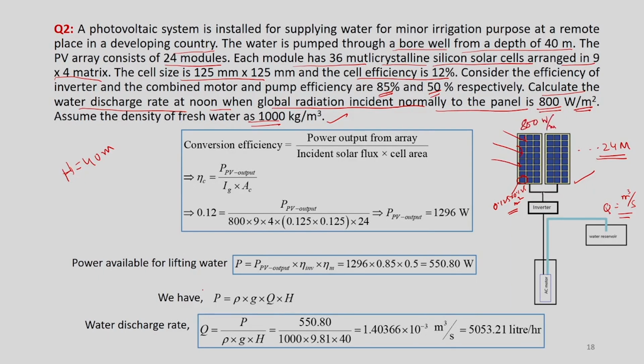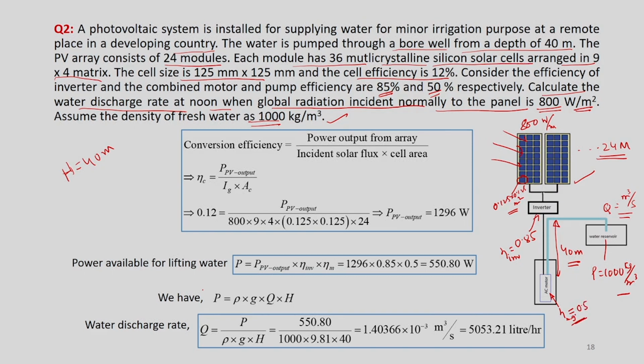Here the density rho is 1000 kg per cubic meter, and the head is given as 40 meter. The inverter efficiency is 85% or 0.85, and the motor generator efficiency, because the motor will be connected to lift the water, is about 50%.